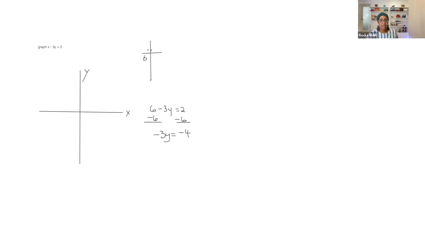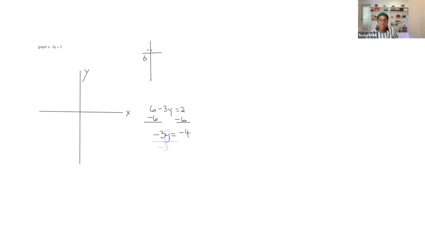Yep. So now I have someone attached to the y. I really want to get this y by itself, so I'm going to get rid of everyone next to him. If he's connected by multiplication, then I do the opposite thing to get rid of him. So instead of multiplying by minus 3, I'm going to divide by minus 3.